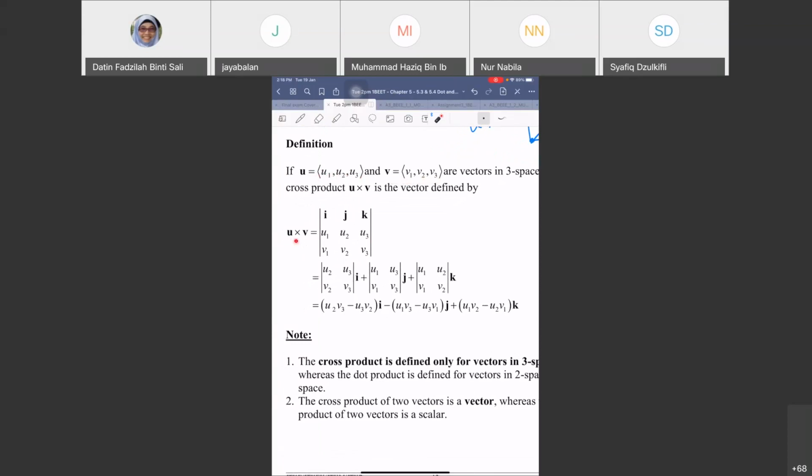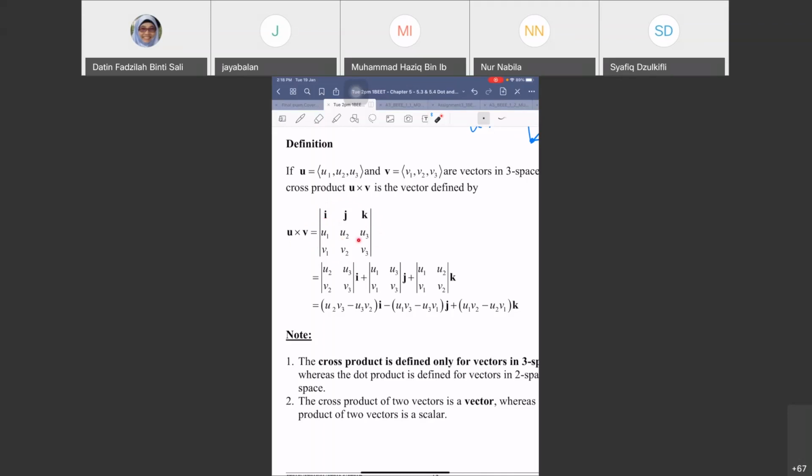If the question asks you for u cross v, when you set up your 3x3 determinant, in the first row you put your unit vectors i, j, k. That will always be on the first row.